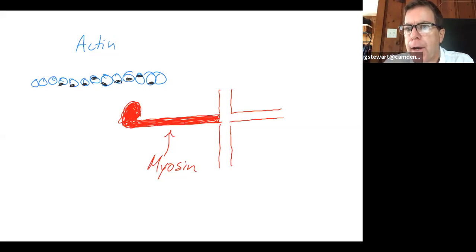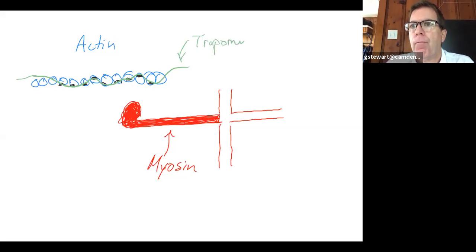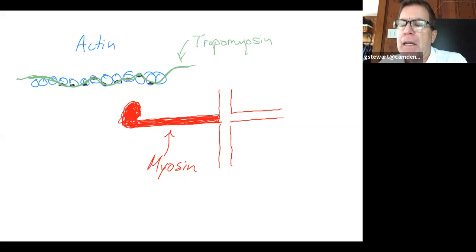However, there is another polypeptide called tropomyosin that covers these active sites, and it wraps around actin like a grapevine. It's just like a branch, and it covers the active sites, so myosin can't reach up and grab actin, bind to it. On tropomyosin are these little tabs.